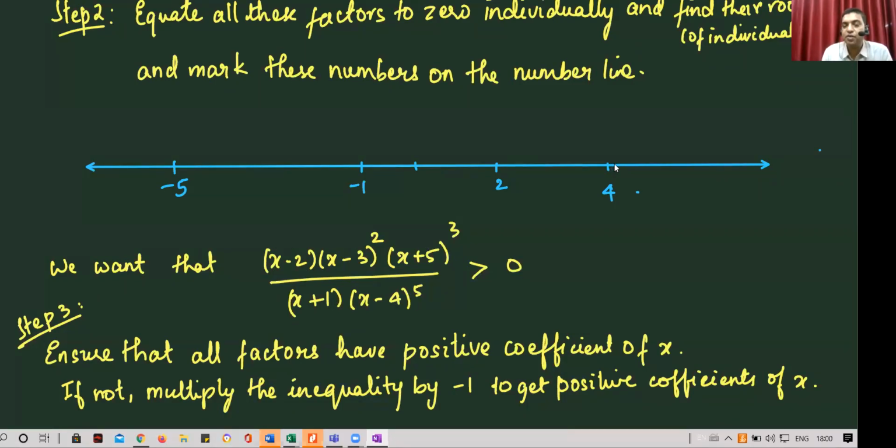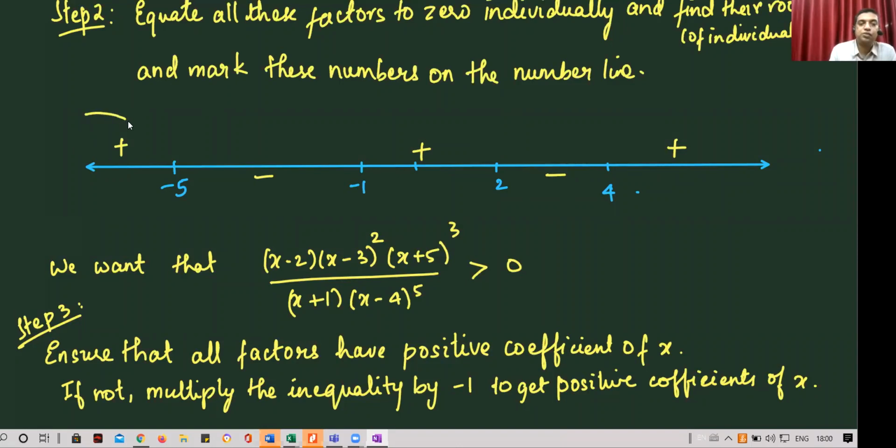Go to the extreme right. So this interval 4 to infinity, mark positive. Then the next interval 2 to 4, the immediately next interval after the right will be negative. Then the interval between -1 to 2 will be positive, then -5 to -1 will be negative, less than -5 will be positive.